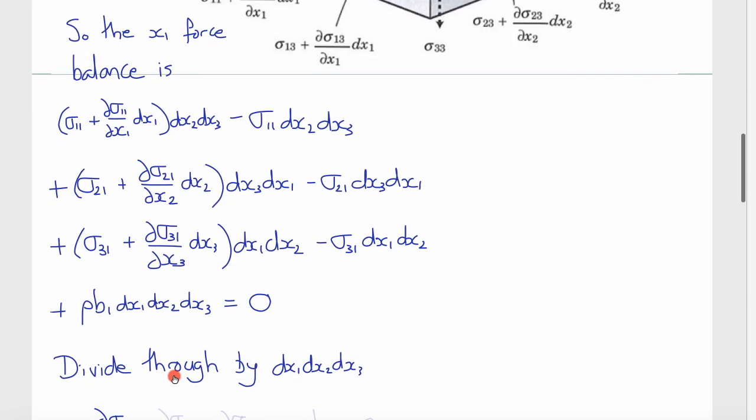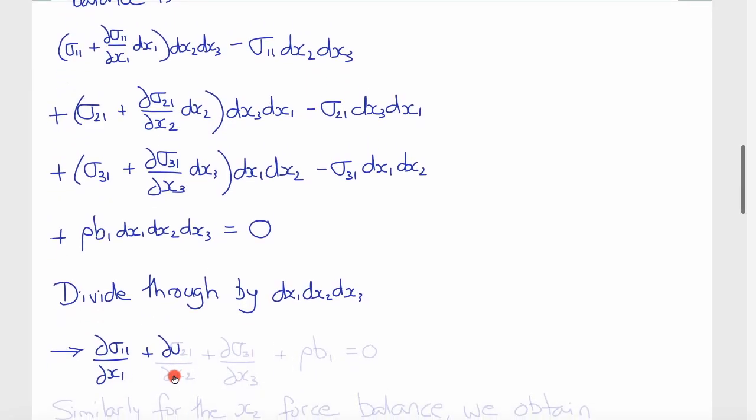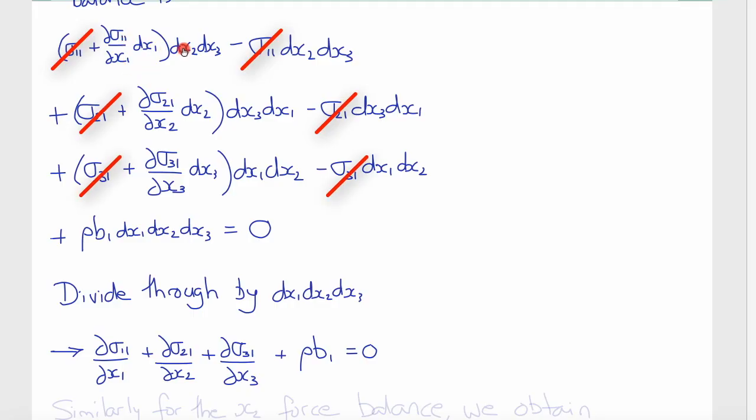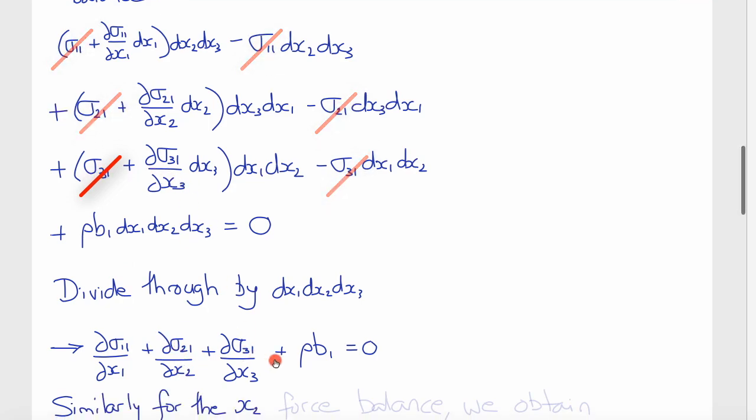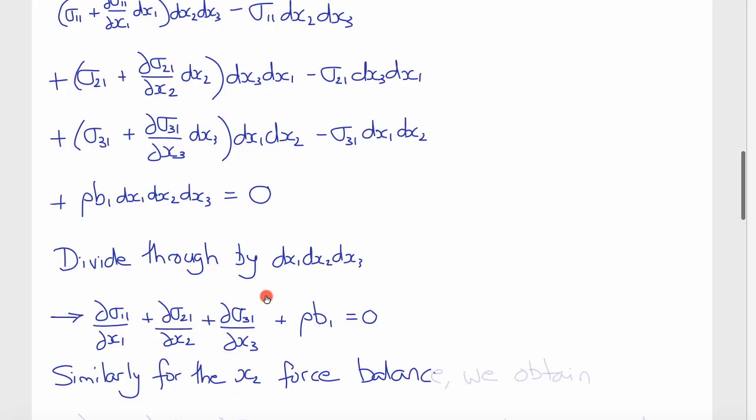Now, if we divide this entire expression through by dx1 dx2 dx3, which is just the volume of that elemental parallelepiped, you can see that these terms here cancel with these ones there, and we're left with del sigma 1,1 del x1, we're dividing these out, plus del sigma 2,1 del x2, plus del sigma 3,1 del x3, plus rho times b1.